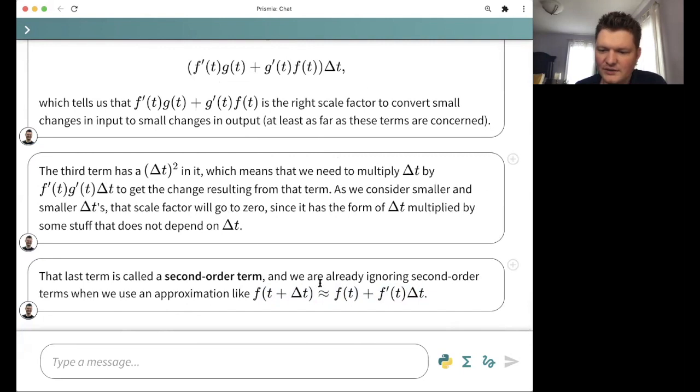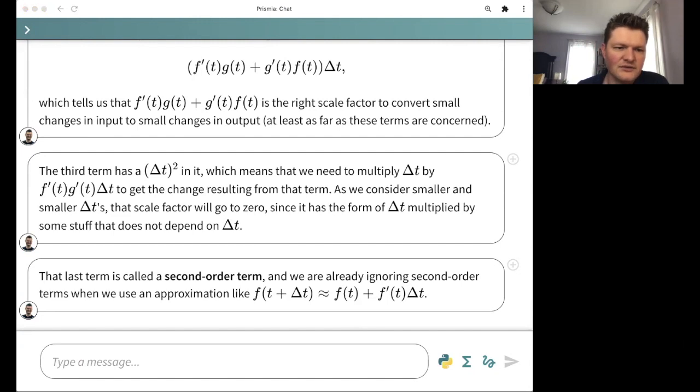It's approximately equal to, and the part that makes it not exactly equal is going to be a quantity expressible in terms of something times delta t squared plus maybe something times delta t cubed and so on. So there's some missing stuff here to the right, which is turning this into an approximately equal to. And that's where Taylor polynomials come in. So that's what we'll talk about next.